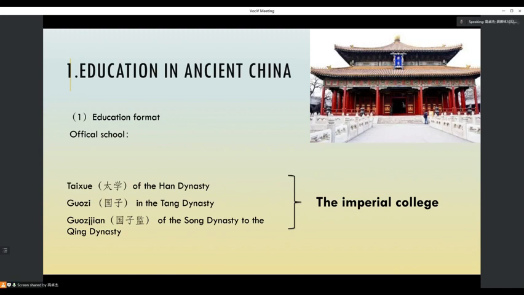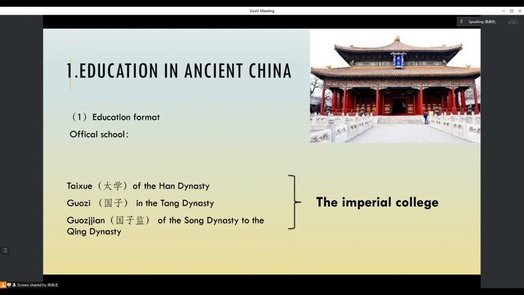Look at this slide. In the Han Dynasty, about 200 BC, the official school was named Taixue.